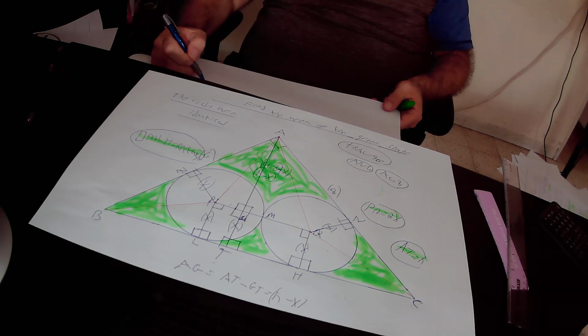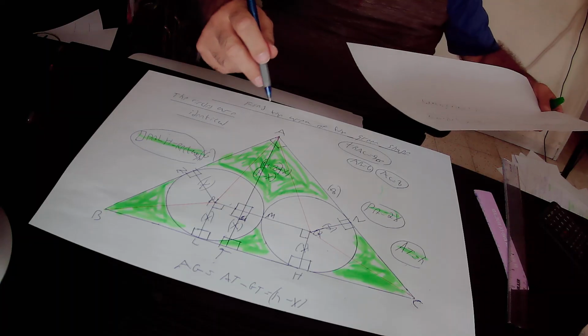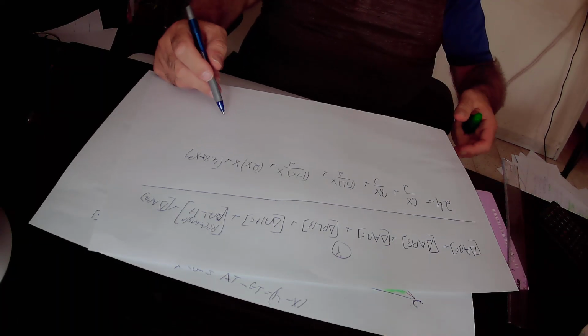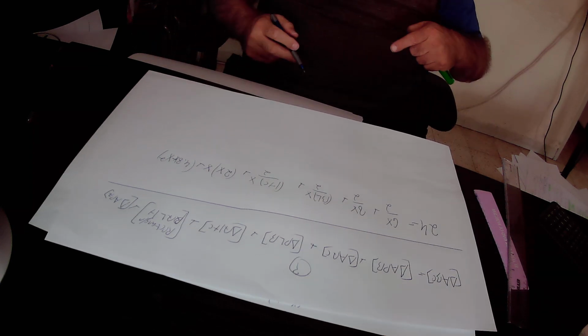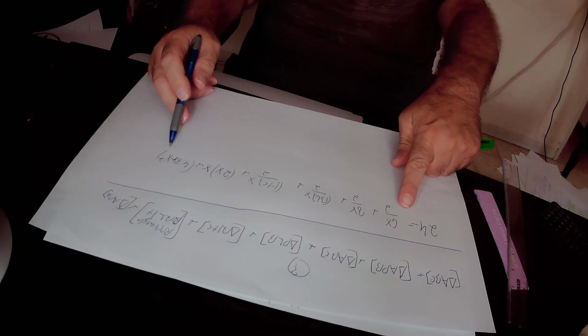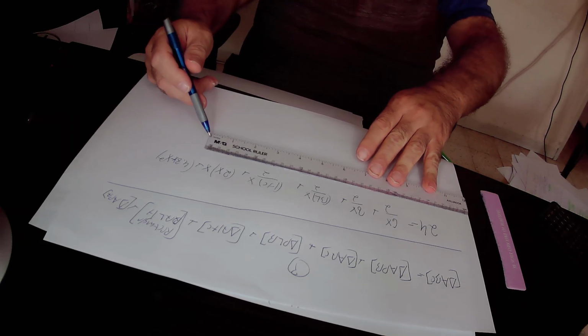So in total, this big expression must be equal to 24, that is the area of the rectangle ABC.